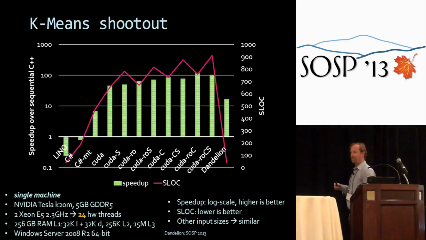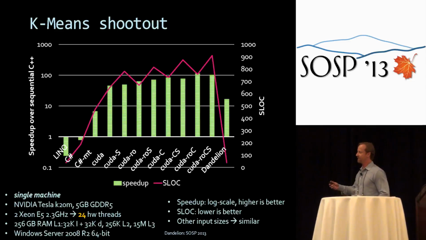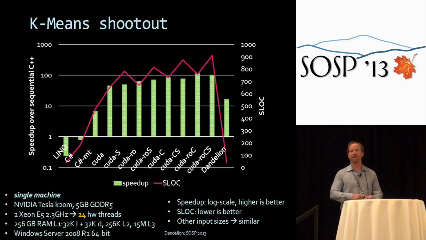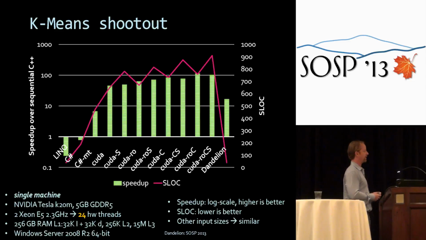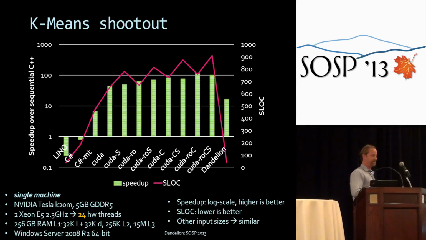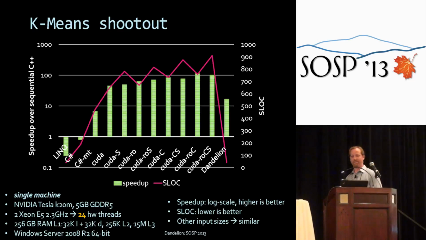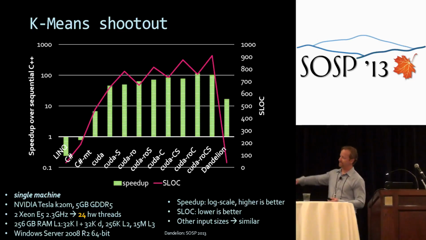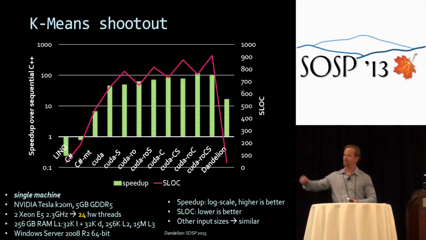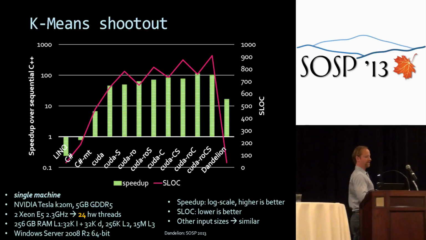So to make sure that we had completely, or at least with some fidelity, characterized the trade-off space between programmability and performance, we wrote 15 different versions of k-means based on different tool chains and different parallel programming approaches. So in this graph I'm showing you, along the left are a number of C#-based implementations, both parallel and sequential.